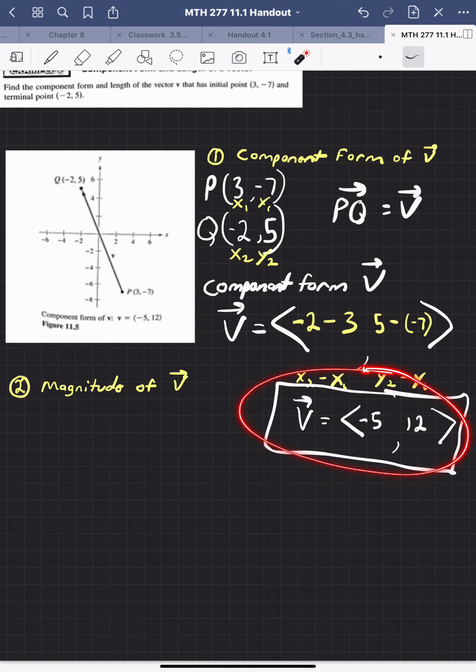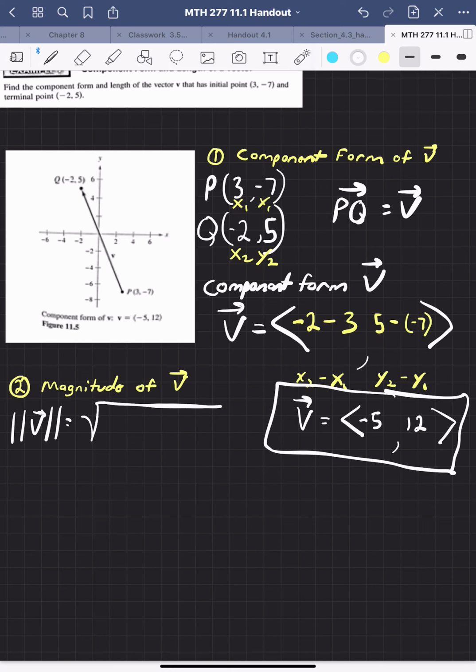Now that we have it in component form, let's find the magnitude of v. What we saw on the previous page is that it's just the square root of v sub 1 squared plus v sub 2 squared.